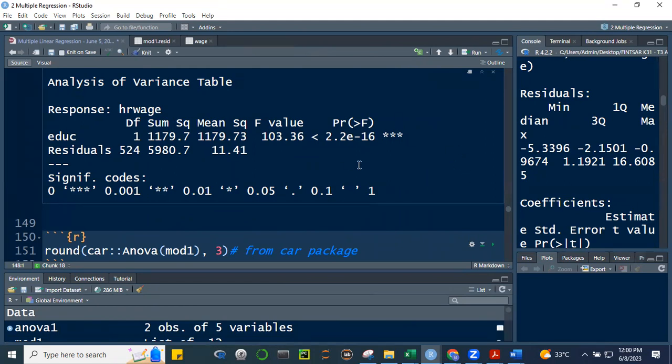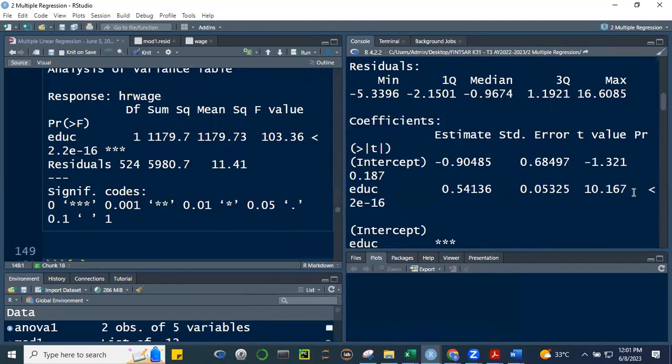So sa hypothesis, magkaiba sila. Kasi dito sa analysis of variance, ang tinetest natin yung sabay-sabay, overall goodness of fit test, B1, B2, B3, assuming there are 3 predictors. Dito sa t-stat, isa-isa yon. Ang hypothesis natin dito, B1 is equal to 0, B2 is equal to 0, B3 is equal to 0.